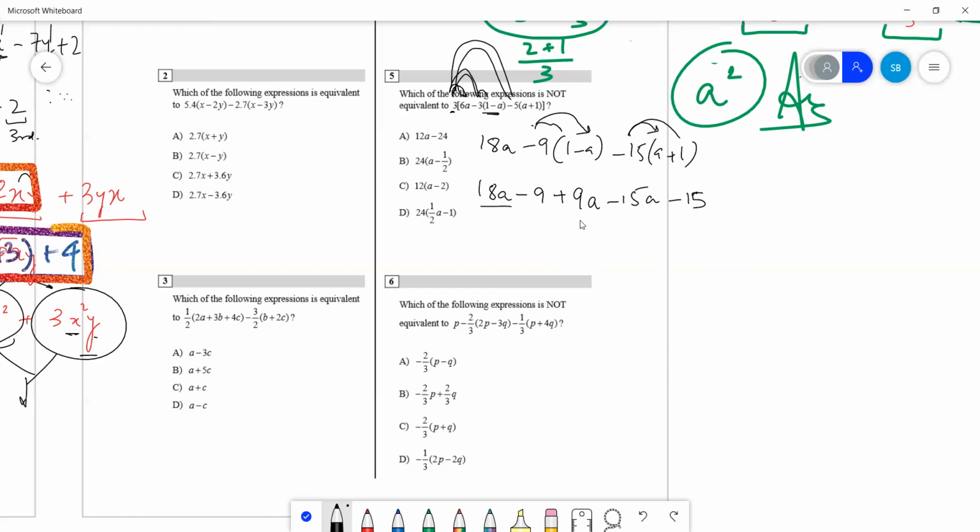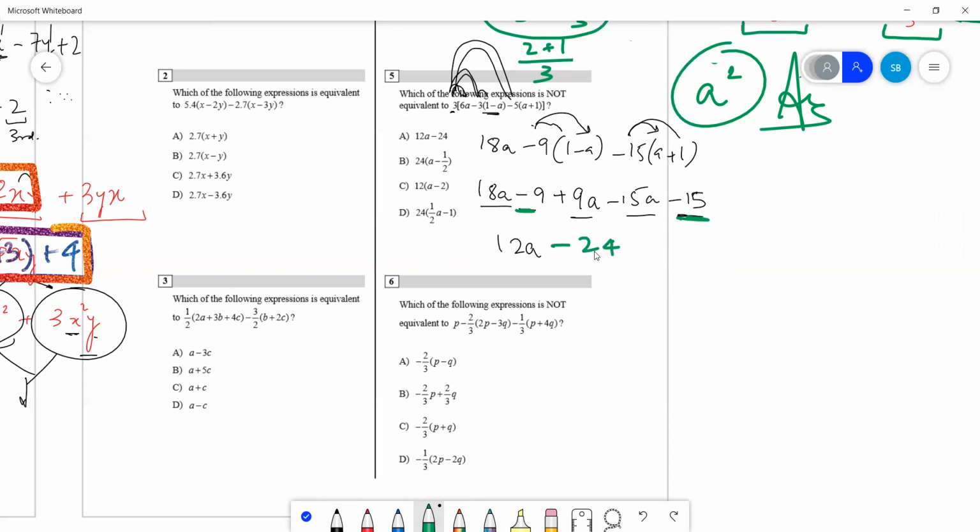18a and 9a. And what about negative 15a? Yes, that too. So 18 plus 9 minus 15, how much is that? 12. 12a. And negative 9 minus 15. Negative 24.